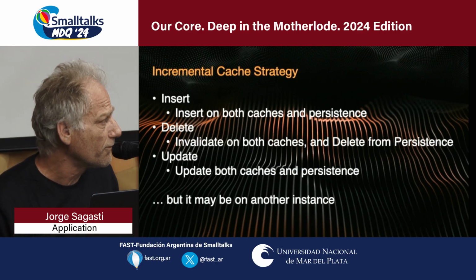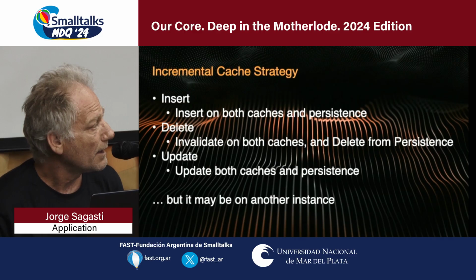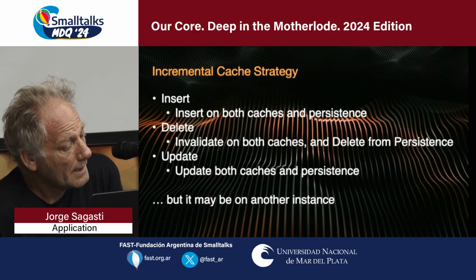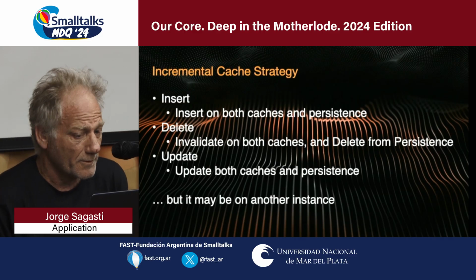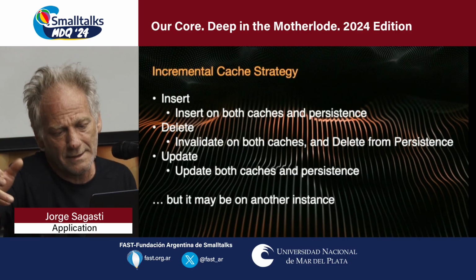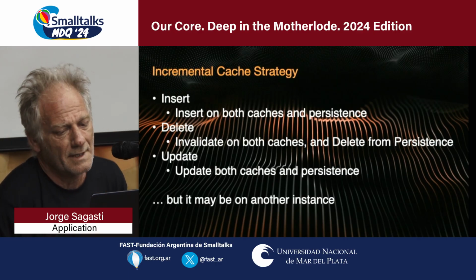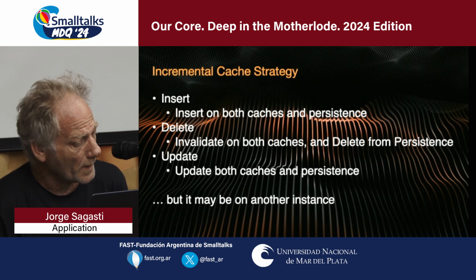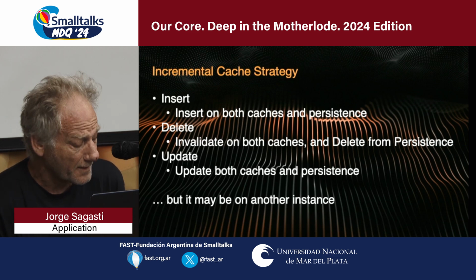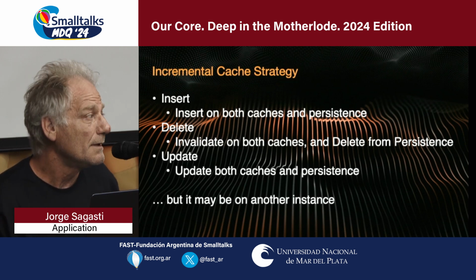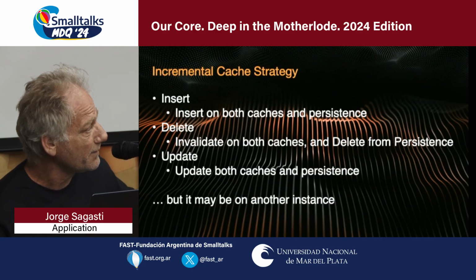Of course, we use PostgreSQL as the database. On the delete, we invalidate both caches and delete it from persistence. That's nothing strange, and on the update it's exactly the same thing, but it could be on another instance.